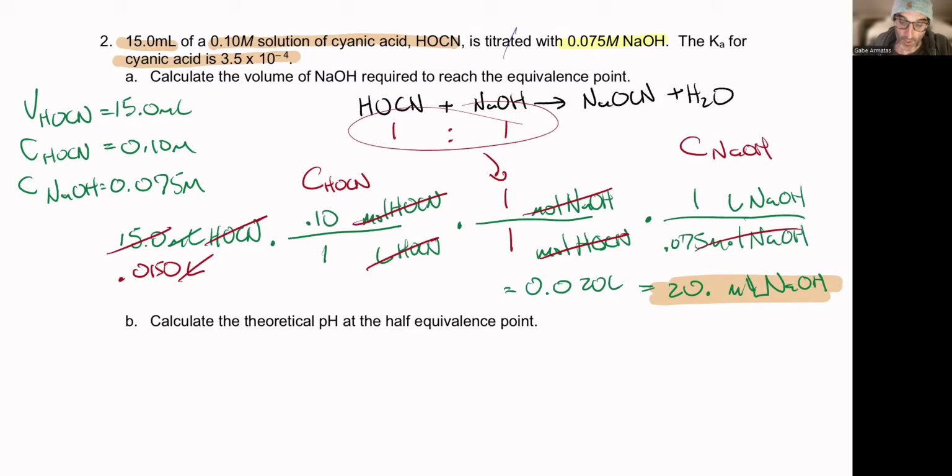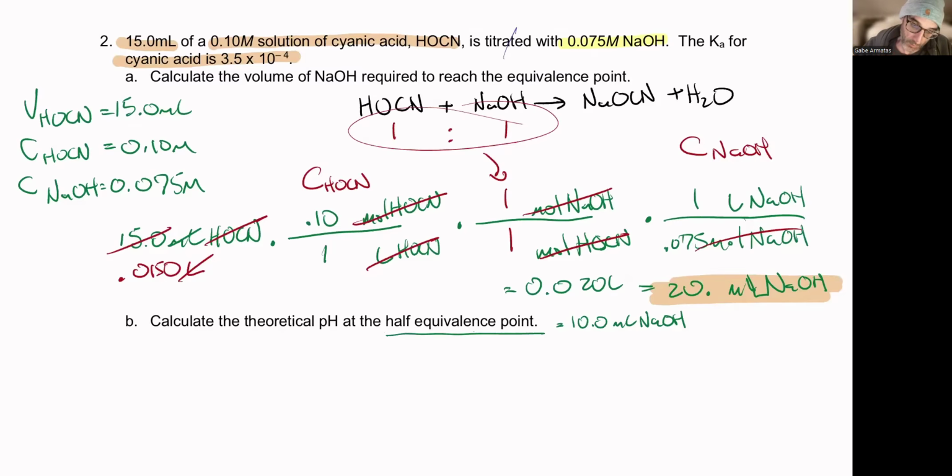So I know that the equivalence point happens at 20 mils. So the half equivalence point is going to be when I put in 10 mils, so half the volume. So 1/2 equivalence point equals 10.0 milliliters of NaOH. That's the volume of NaOH that I'm putting in.